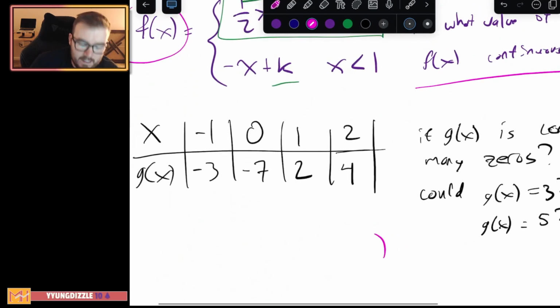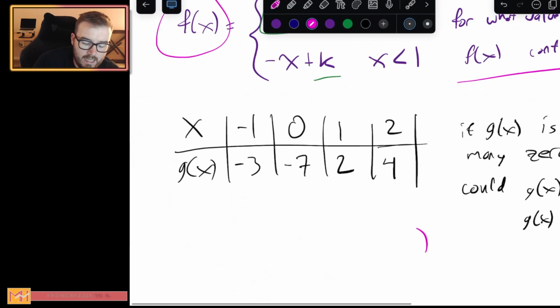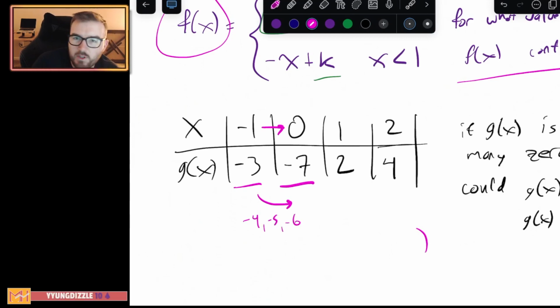Well, if g of x is continuous, what we're saying is that if this point exists and this point exists, then between -1 and 0, we had to hit -4, -5, and -6, and everything else in between, right?